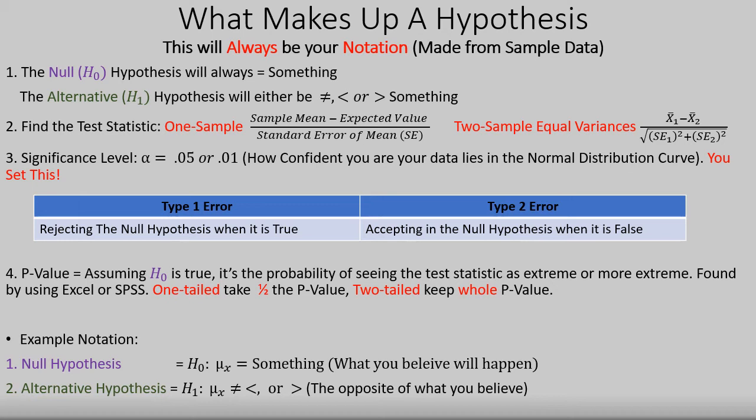The alternative hypothesis is going to be H subscript 1, again that population mean, and then it could be not equal, greater than, or less than the thing that you're testing. So know that for an alternative hypothesis, you have 3 choices you can choose from.